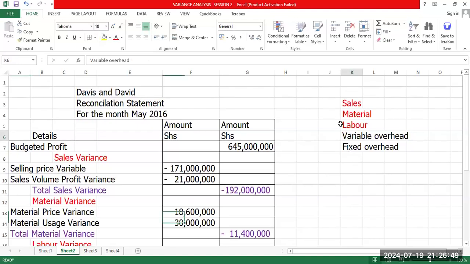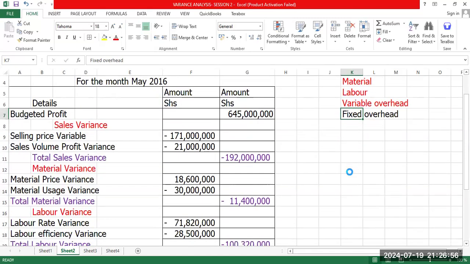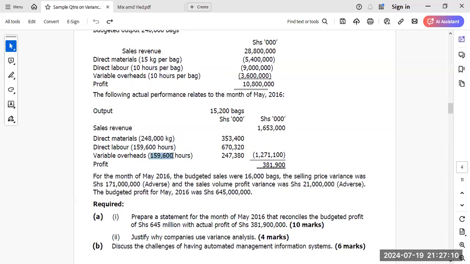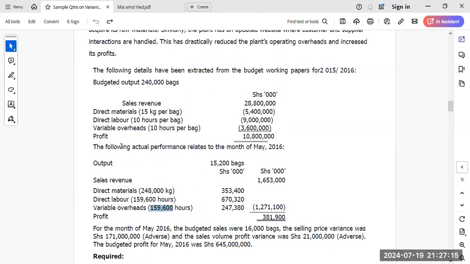Lastly, we go to fixed. But as you go to fixed, ask yourself, do you have actual information related to fixed overhead? We don't have fixed anywhere actually, isn't it, colleagues?